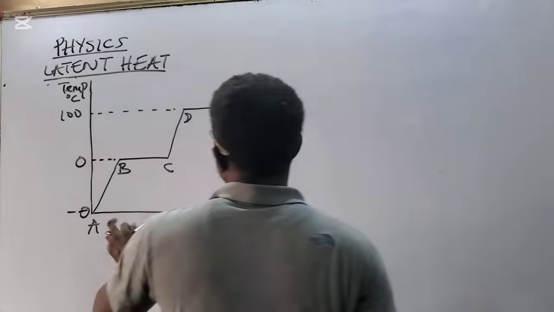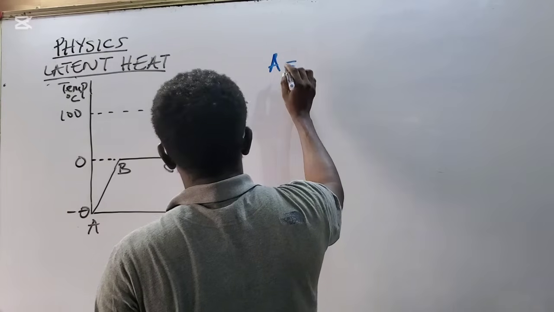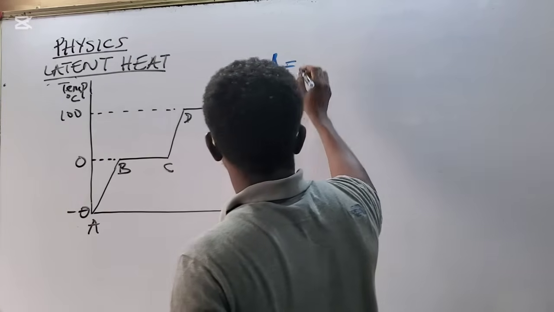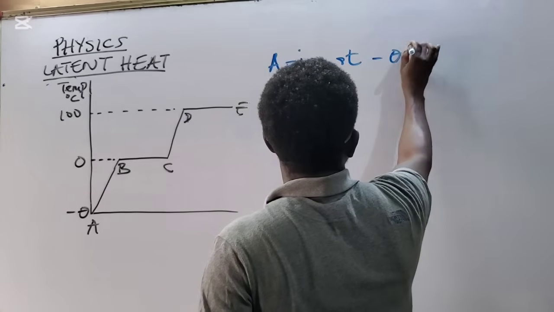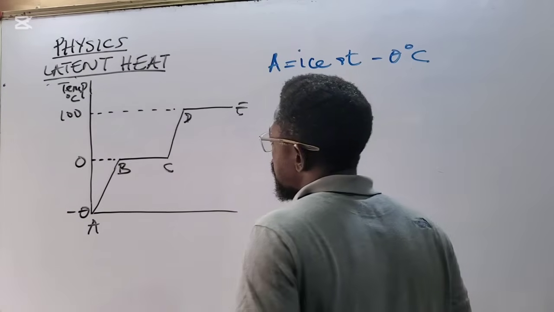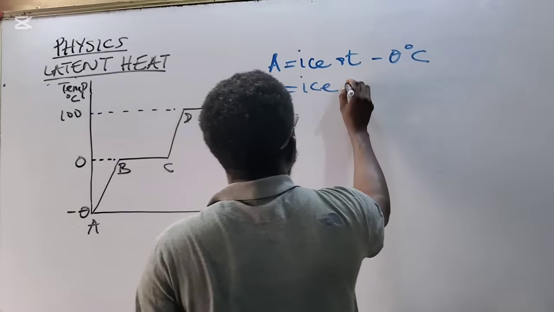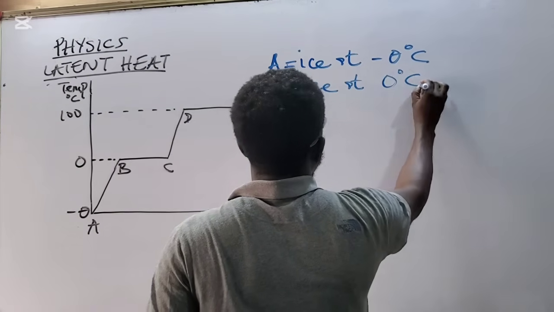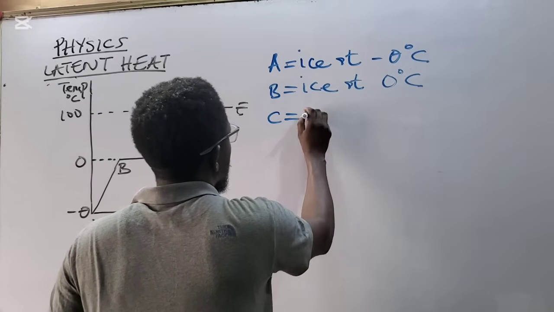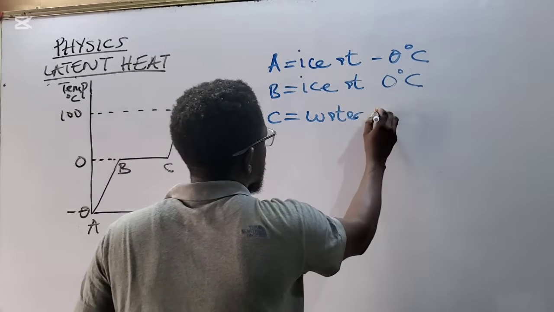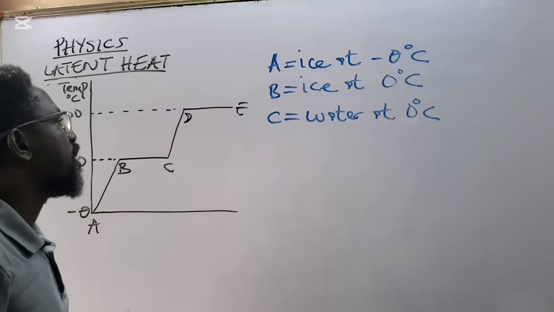Now, point A refers to ice at minus theta degrees C. Then point B is ice at 0 degrees C. Point C is water at 0 degrees C, because the ice will melt to get water.